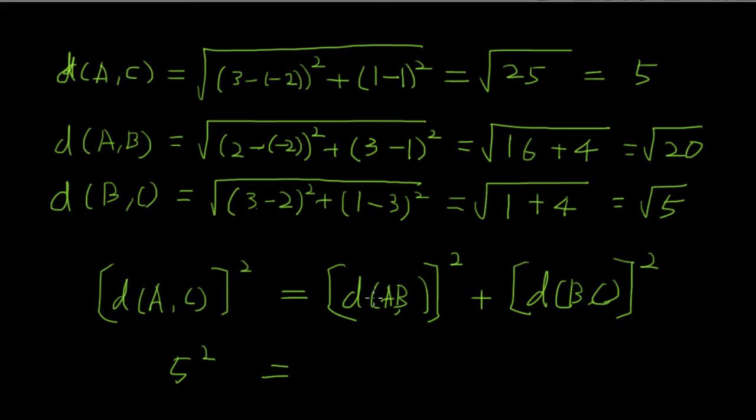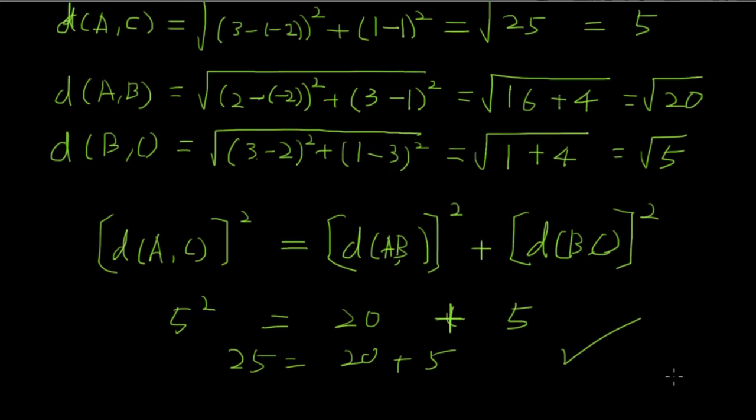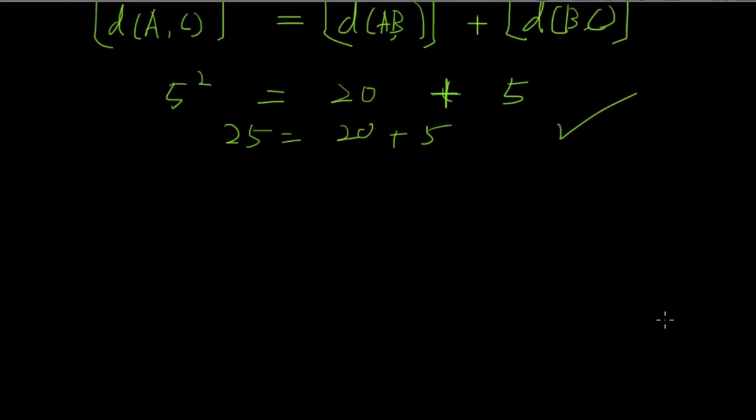What about the distance between A and B squared? That's the square root of 20 squared, so that's 20. The distance between B and C squared is 5. So 25 equals 20 plus 5. Verified. Therefore, A, B, and C form a right triangle.